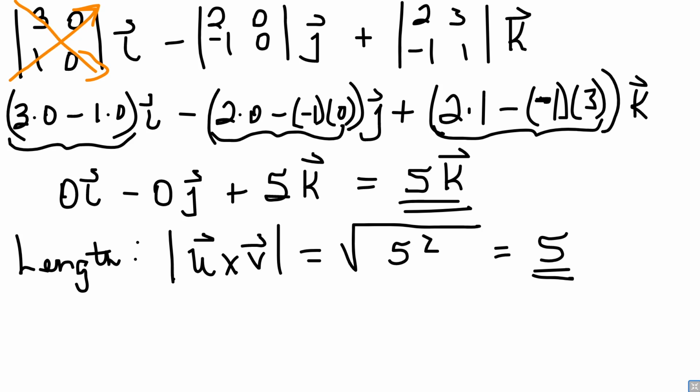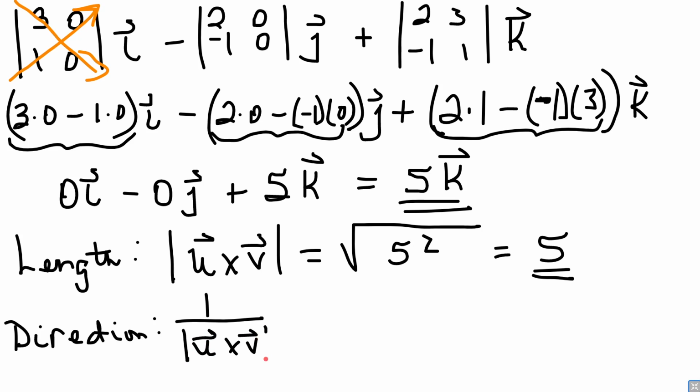Okay, so next we're going to do the direction. The direction is just a unit vector. So we're going to do 1 over the magnitude and then times the vector. The magnitude we've established was 5.